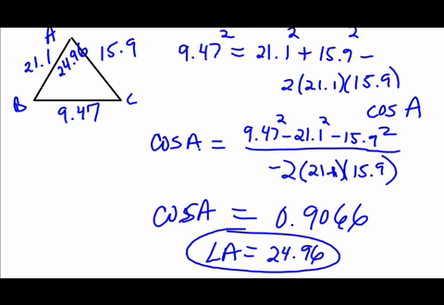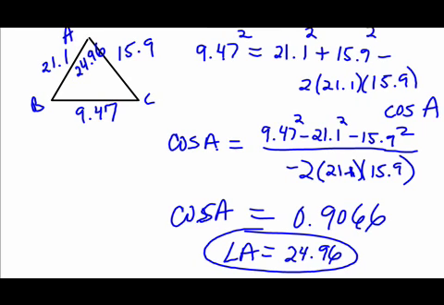Which angle should I find next? I should find B next, for the same argument that we had in the last problem. If C is obtuse, B can't be obtuse. So let's find angle B next. So the sine of B over side B, again we're using the law of sines here.